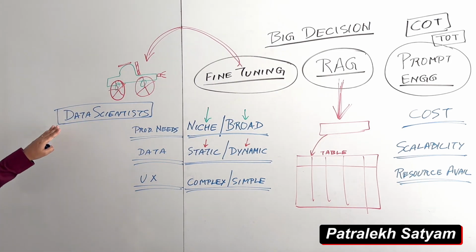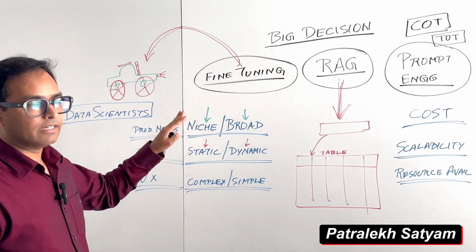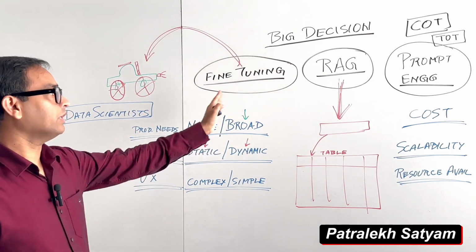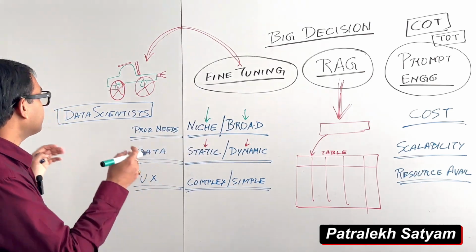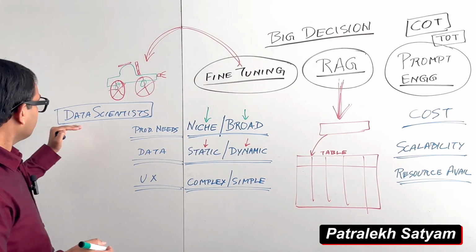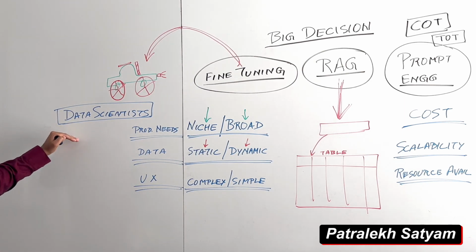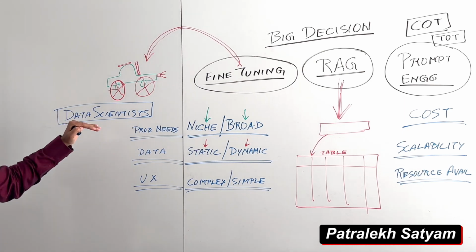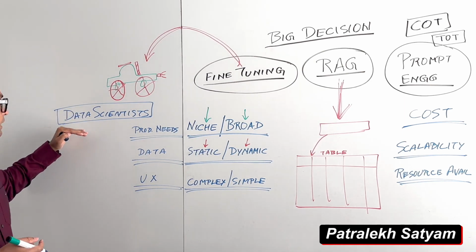And they will be the ones who will be testing different models. So for each of these, there are different models. They'll be testing those different models, and they might already be knowing what models to be tested.